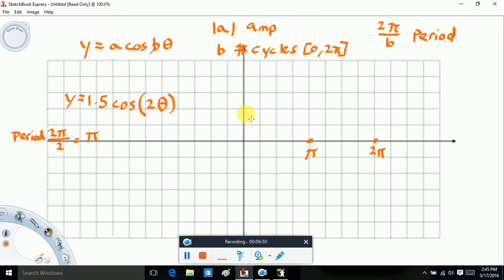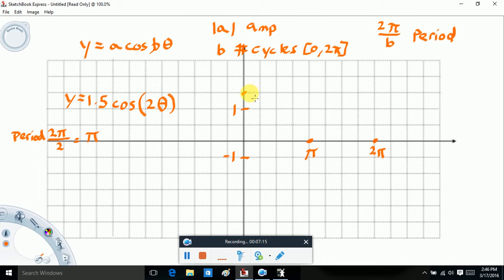Now the amplitude is 1.5. So right here, let's just say this is 1. This would be minus 1. 1.5 is right here. So it starts at its maximum. Now we know the period is pi.